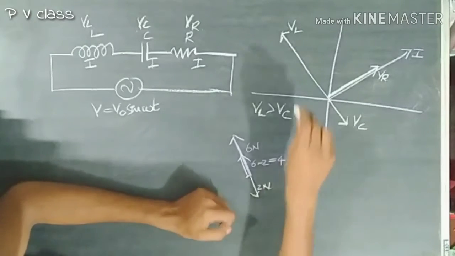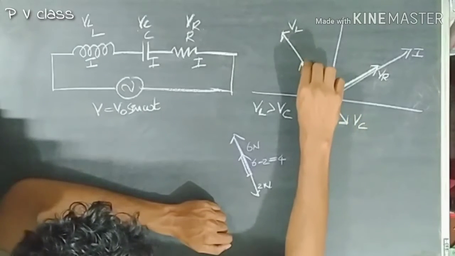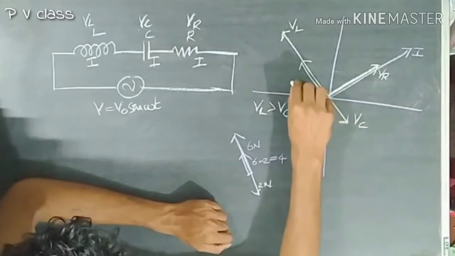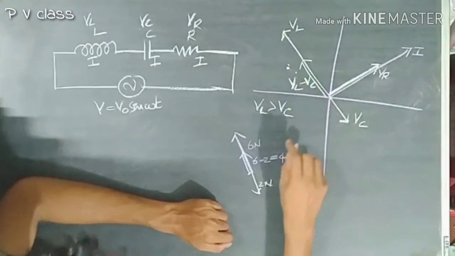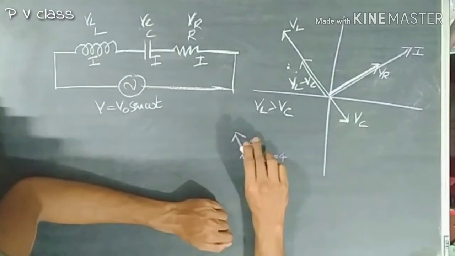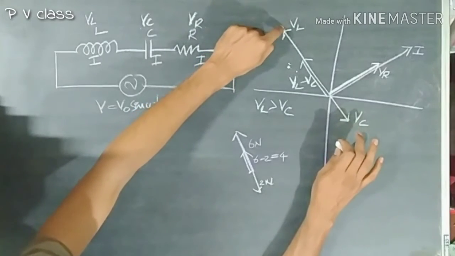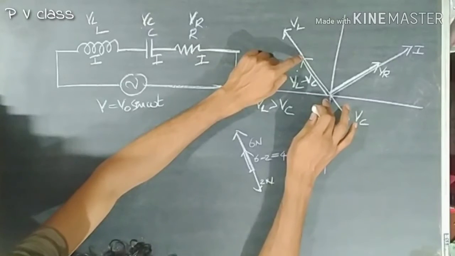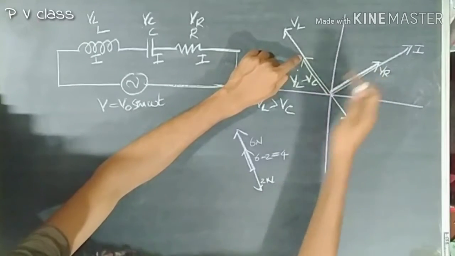Likewise, VL and VC will have an answer in the direction of VL itself, and this will be VL minus VC. Then we can forget about this VC and VL. Instead of this VC and VL, we are having VL minus VC. VL minus VC and VR, we have to add the vector sum.